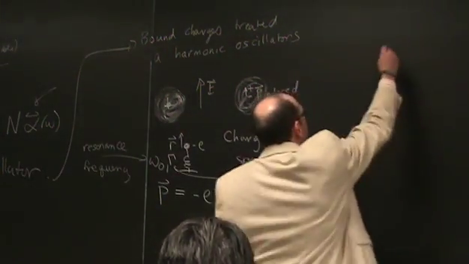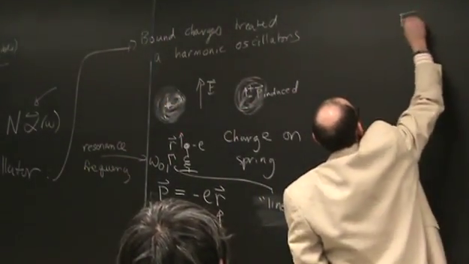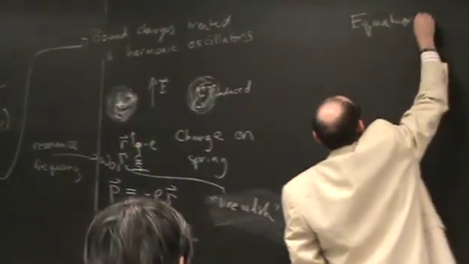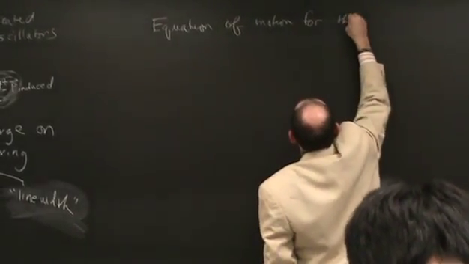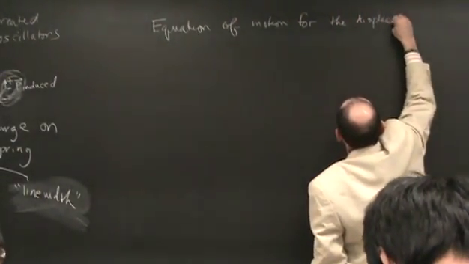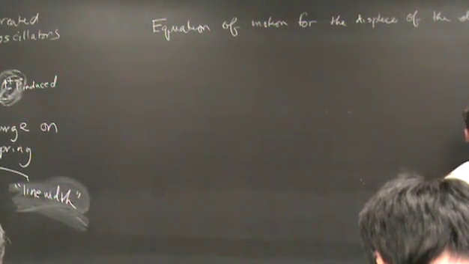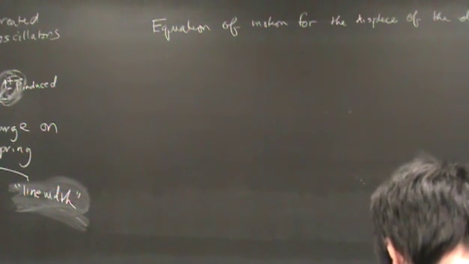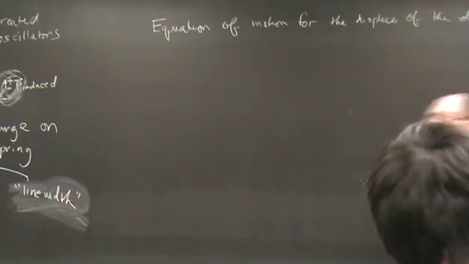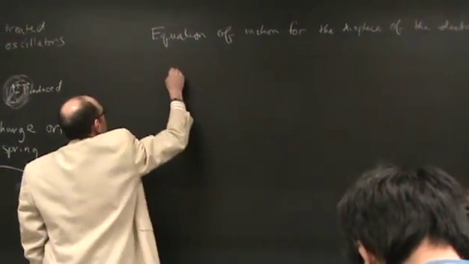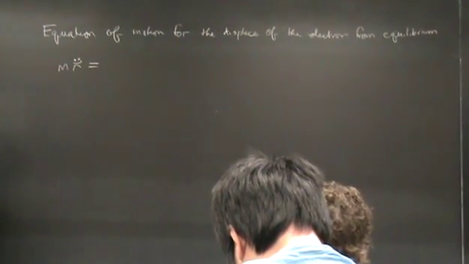So then we can write down the equation of motion for the displacement of the electron from equilibrium. The acceleration is the force on the particle.